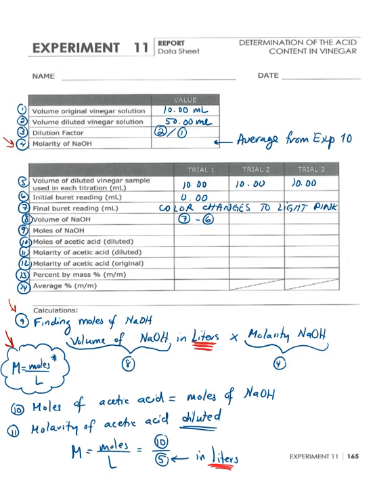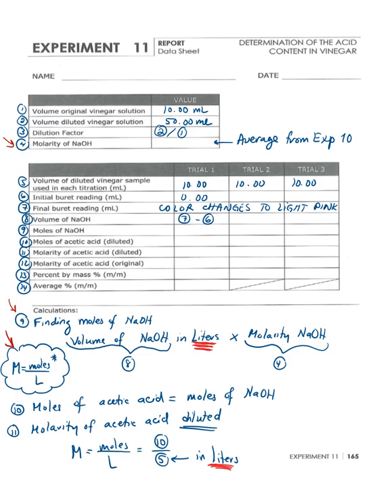From your balanced equation of sodium hydroxide reacting with acetic acid to form water and sodium acetate, you know that every mole of sodium hydroxide is going to react with 1 mole of acetic acid. So the molar ratio is 1 to 1. Every mole of sodium hydroxide reacts with 1 mole of acetic acid, which means that the number of moles of acetic acid is the same as the number of moles of sodium hydroxide that you're calculating.